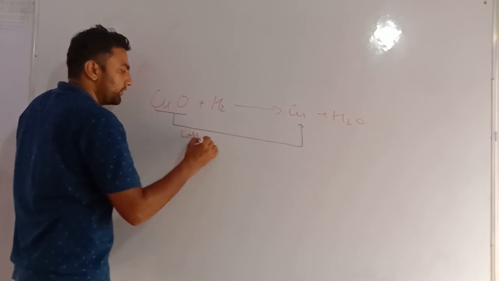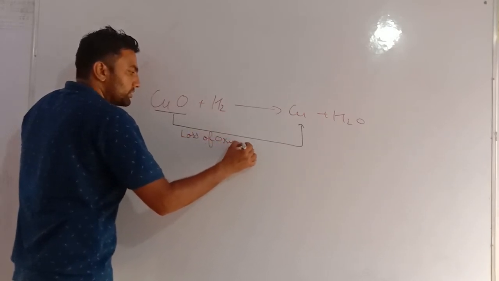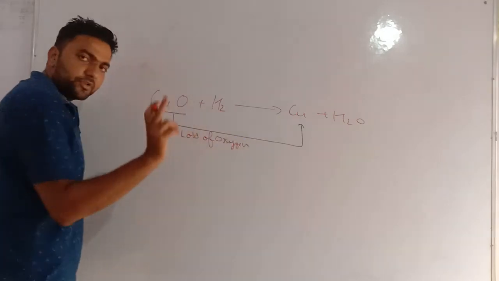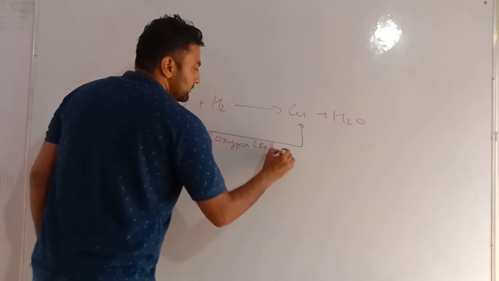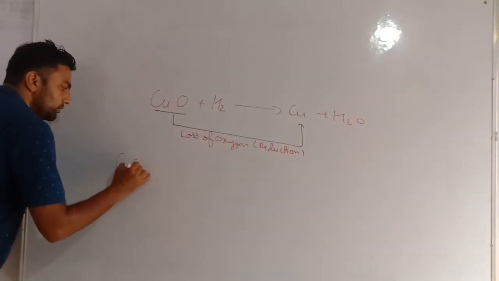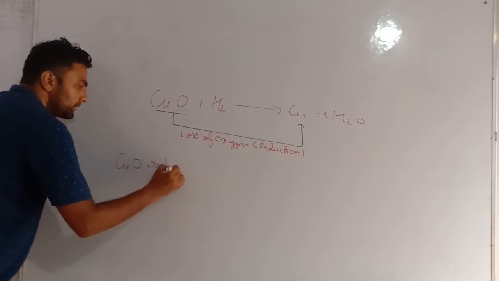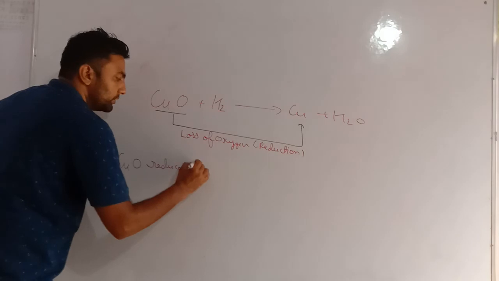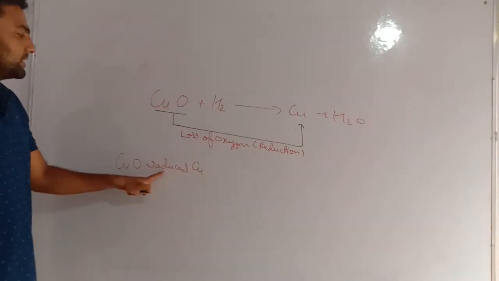So copper oxide has faced loss of oxygen. Loss of oxygen is known as reduction, very important. See, CuO reduced to Cu. Therefore, CuO reduction process has taken place.